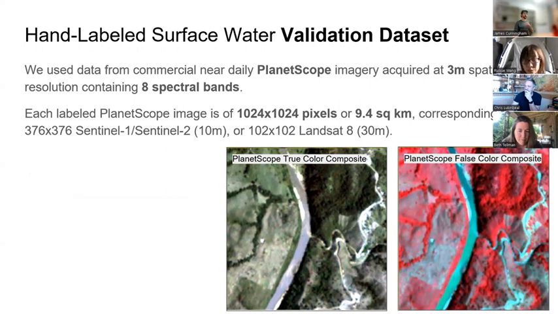And we decided to make each chip 1024 by 1024 pixels because it can perfectly fit 376 by 376 Sentinel-1 or Sentinel-2 images, or 102 by 102 Landsat 8 images, depending on which original dataset they use to train their own method.